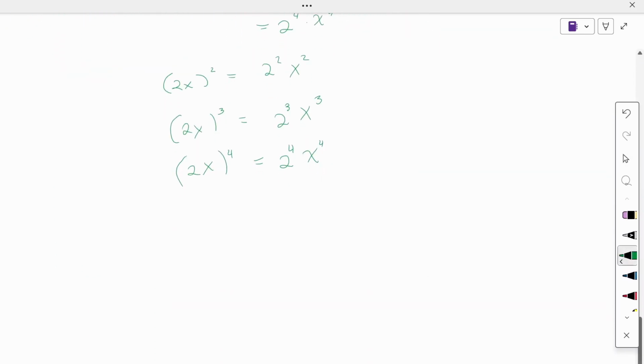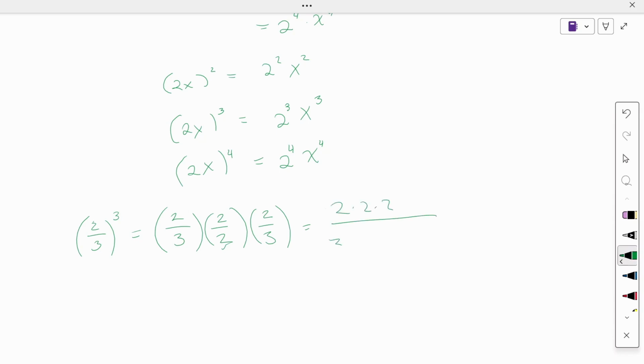Now the same phenomenon happens for fractions. If you had, say, 2/3 and you raised it to the 3rd power, this would be 2 over 3 times 2 over 3 times 2 over 3. So the 2's are going to multiply across the top. The 3's would multiply across the bottom. And you'd get 2 to the 3rd and 3 to the 3rd.